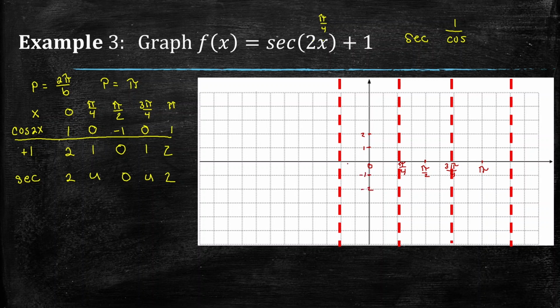So I'm at 2 here, and then down to 1 at pi over 4. That's right. So I'm at 0 here, but it's actually 1. And then down to 0, back up to 1, and then to 2. Okay, so my cosine function looks like this.